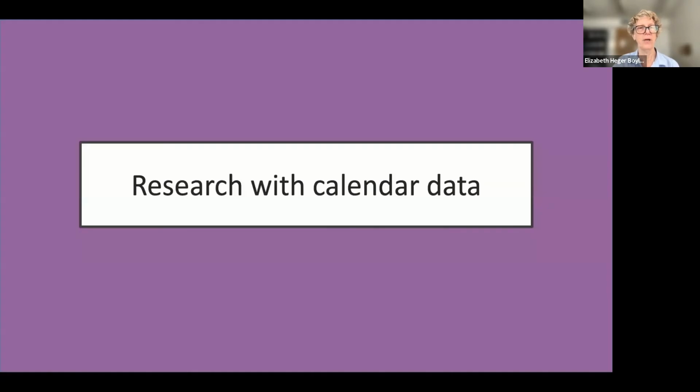All right, so for you to understand the importance of the calendar data, let's talk about some research that's been done with the calendar data. There's lots of exciting possibilities, and you can look at the DHS program website publications page for even more ideas about how people are using this data.